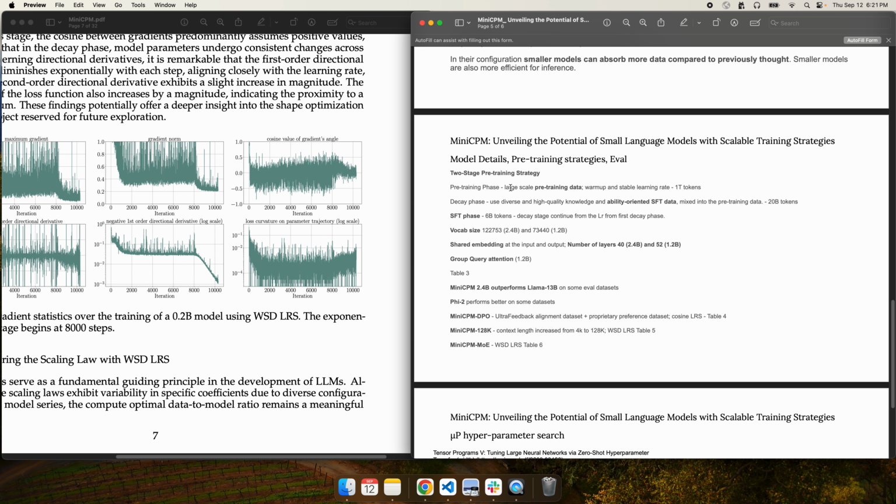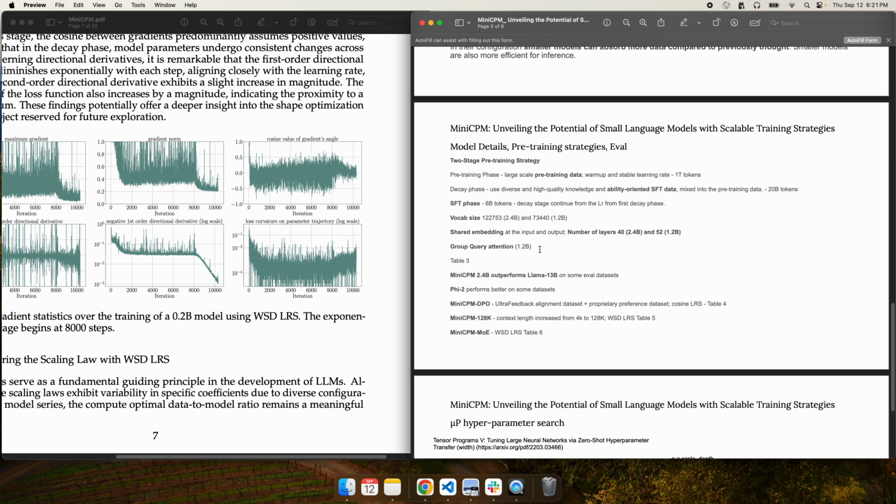So you have the pre-training phase, and this corresponds to the warm-up and the stable learning rate for the WSD scheduler. And then in the decay phase, where the loss is more and you don't really need a very high learning rate, you use the SFT data, around 20 billion tokens. And then again, you do a supervised fine tuning after you do the pre-training and decay phase of around 6 billion tokens. And you're basically continuing the learning rate from the first decay phase.